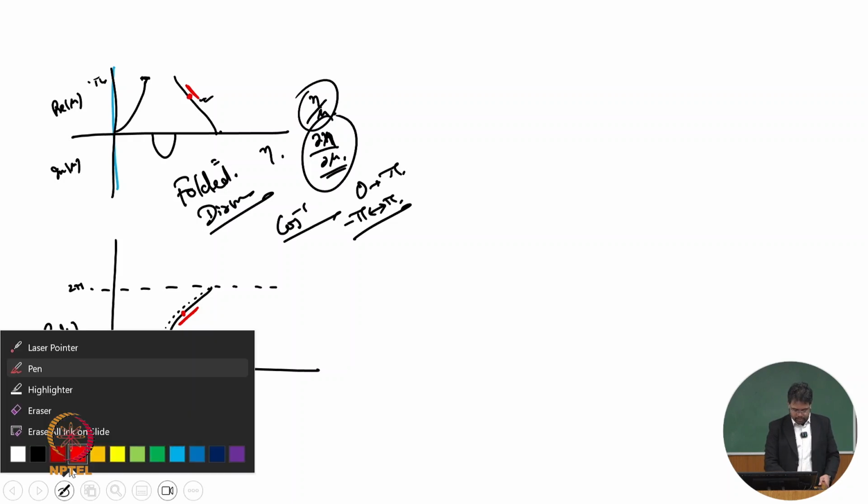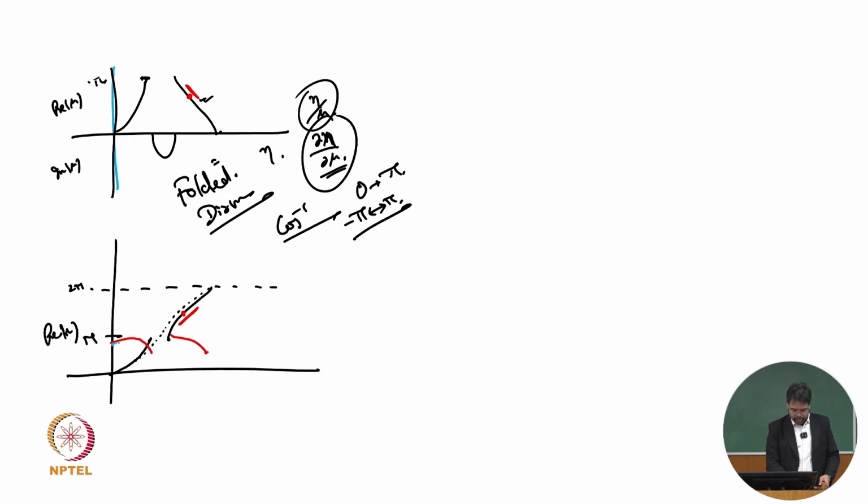It will also start from the same value, but it will go to 0. Again it will start with some value and go to 0. Got that? So at the boundary, the group velocity again becomes 0.